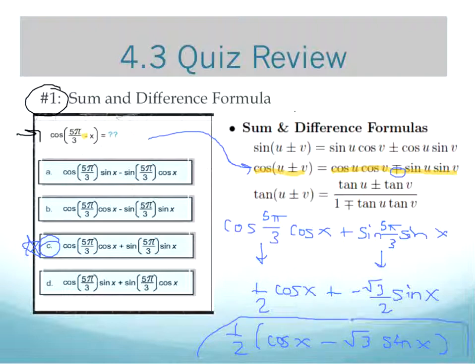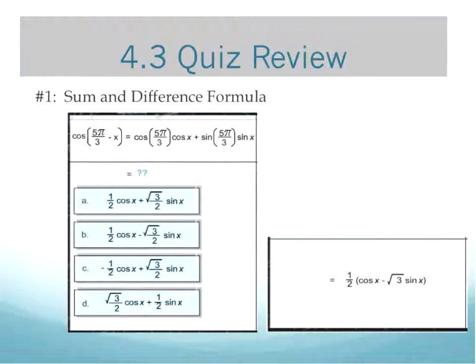And that would be your final answer. So I pulled out the 1/2, and that is as simplified as this problem gets. So my answer again would have been right here. This just asks for that next step, which we already did on the last page.